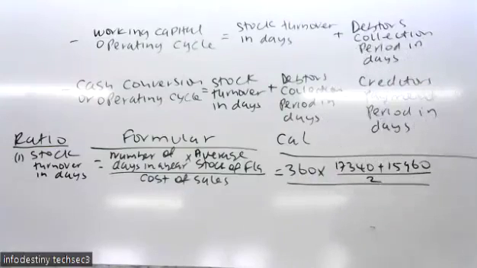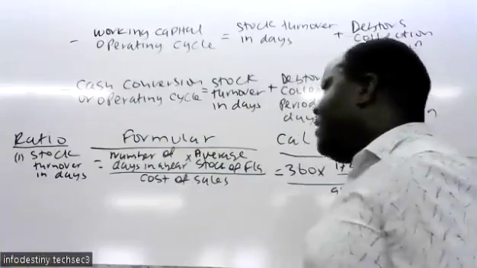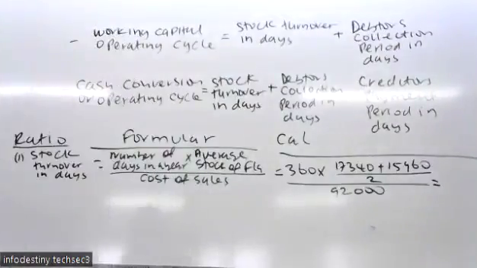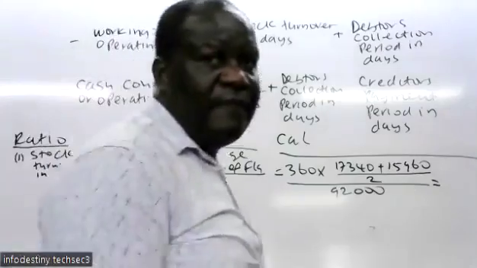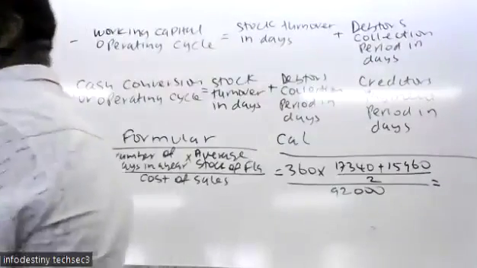Then cost of sales was given to you as 92,000. You can round it off to 2 decimal places. So inventory is our stock of the finished goods. So that's now our stock turnover days.